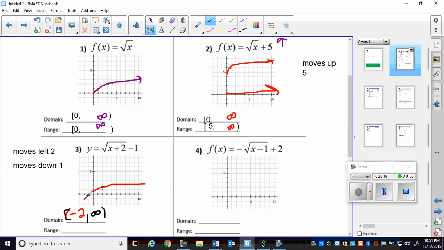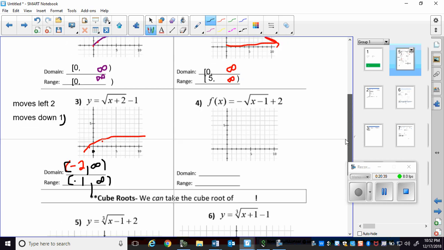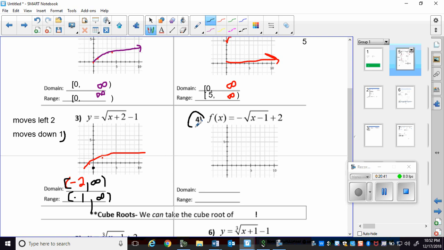Your range starts right here at -1, goes all the way up to positive infinity. So it starts at -1. This is referencing the range right here, and goes up to positive infinity. Now, number 4, you're going to do on your own.